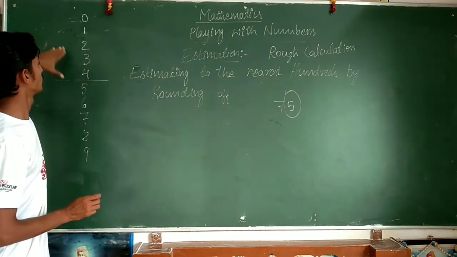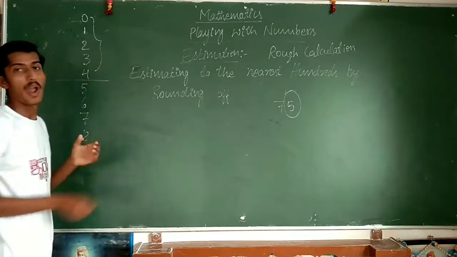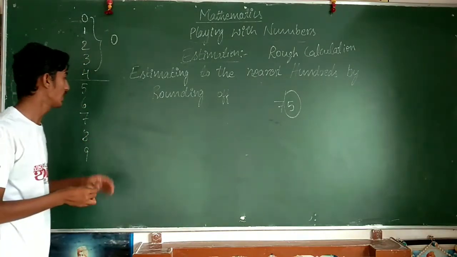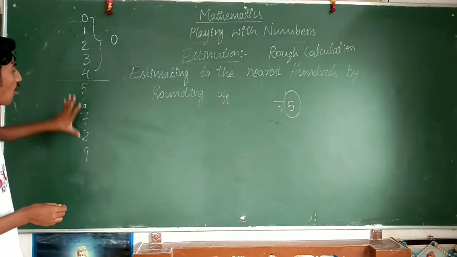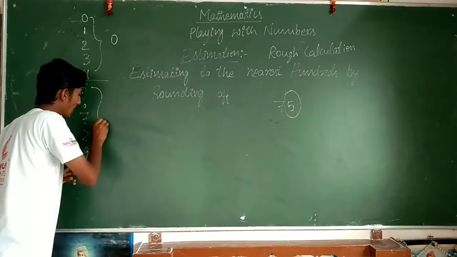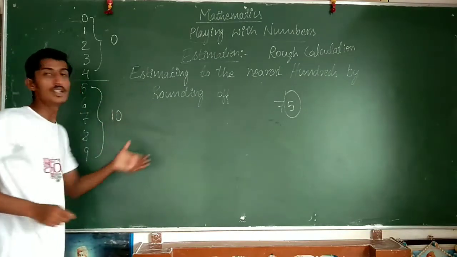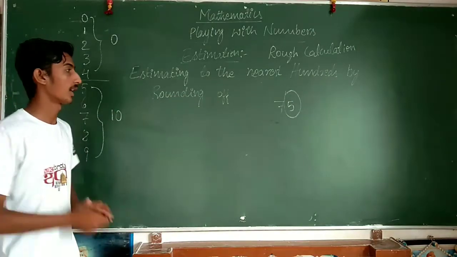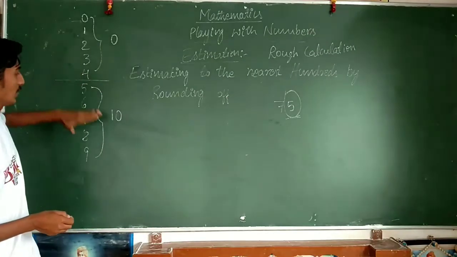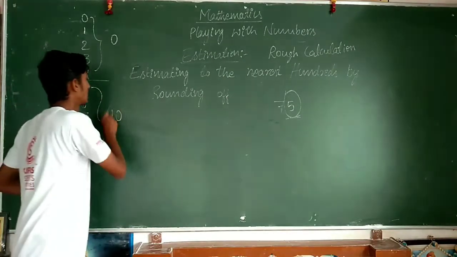Whatever is in the unit place from 0 to 4, you consider as 0. Similarly, whatever is from the second division, 5 to 9, we consider as 10 in the unit place. Here it is 5, which comes under the second division. That means 5 can be written as 10.